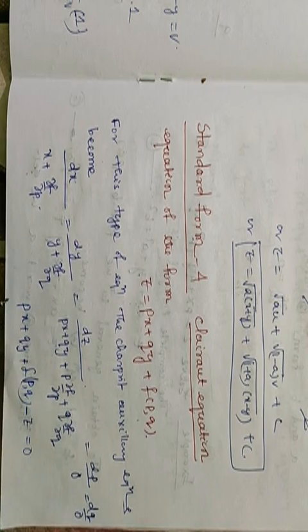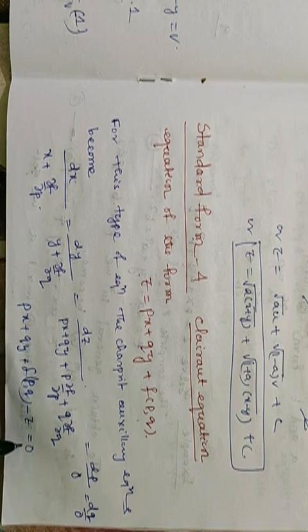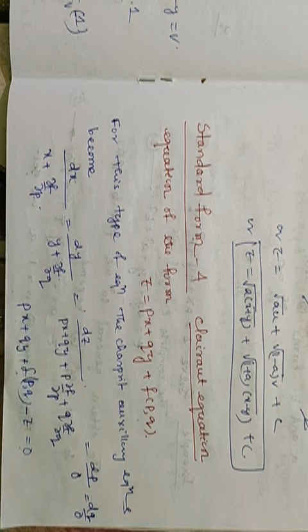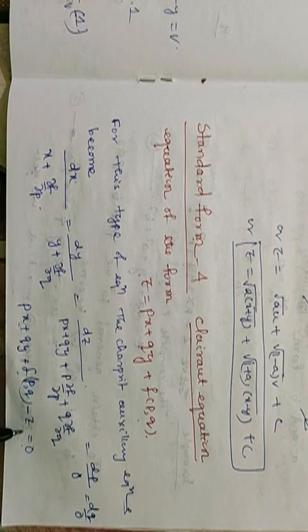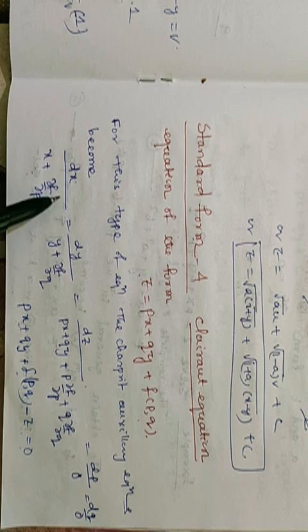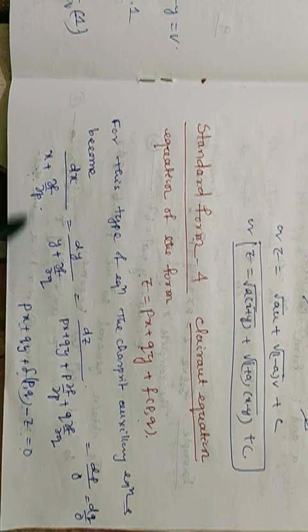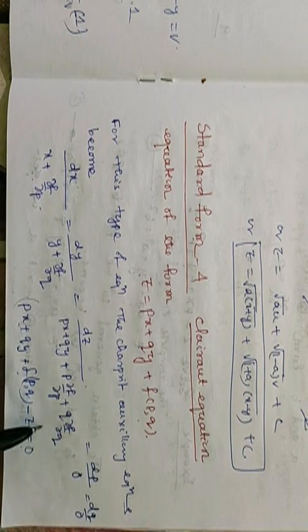Now it is of the form F(x,y,z,p,q) equal to 0. We need to differentiate with respect to p, q, x, y and z in order to get the Charpit auxiliary equation. Now differentiating this with respect to p, because we need to find the ratio dx by del F by del p.